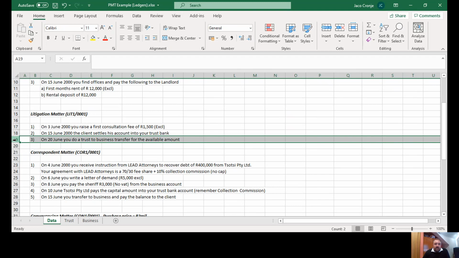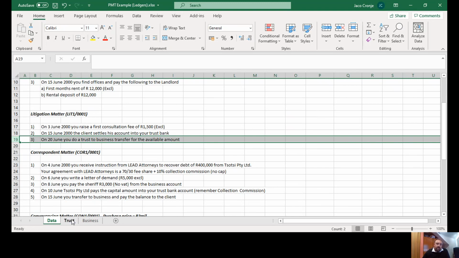The available amount is always the lower of what a client has in trust or what he owes you in business. So let's just think about that logically. You can never do a trust to business transfer for more than what the client has in his trust account. And we can never transfer more to business than the value of the work that we've done. So it will always be the lower of.